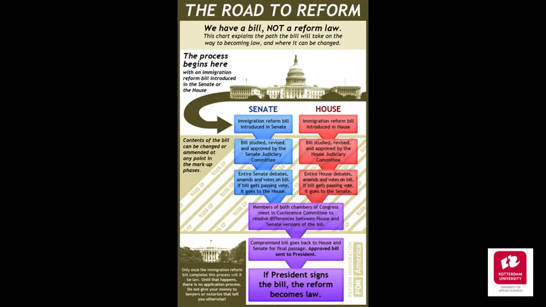Then the Senate does the same thing with the law, and they may come up with a completely different law. Then the House and the Senate have to come together and change the law, and then send it back to both the House and the Senate. And then they have to vote one more time, all together, to pass the law. And then it goes to the president, and the president can decide whether it's allowed. He can veto it or not veto it. And it sounds quite complicated, and we'll come back to it in just one moment.